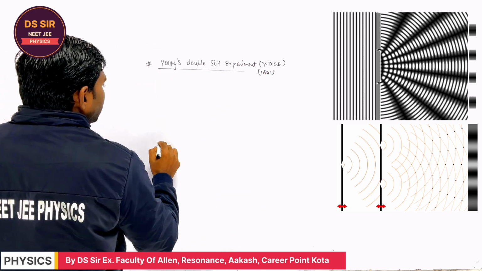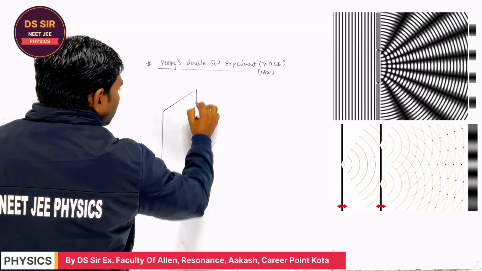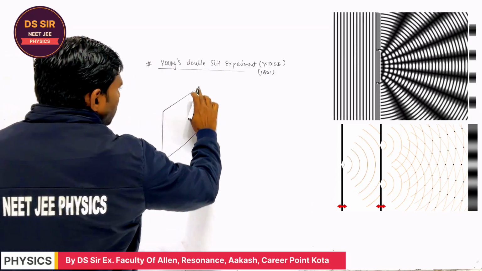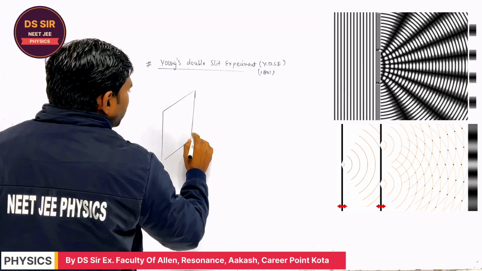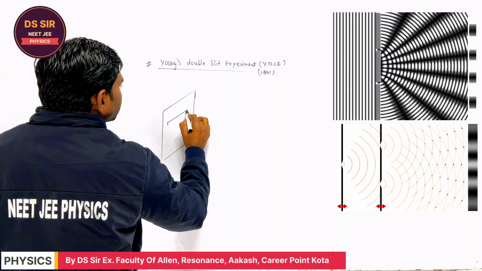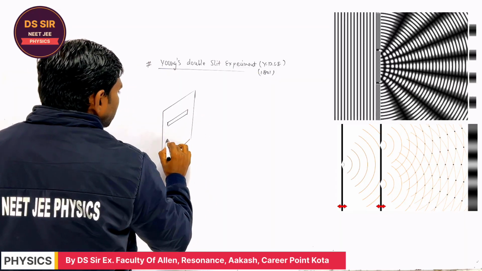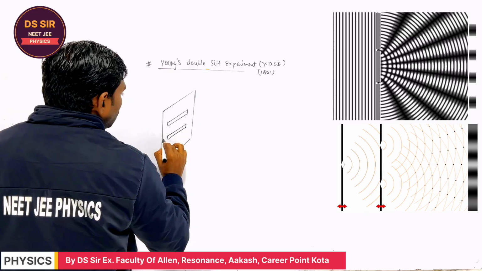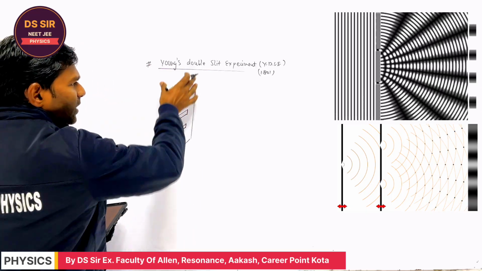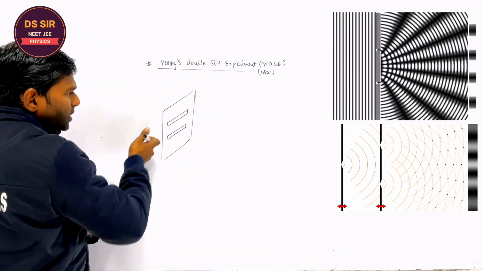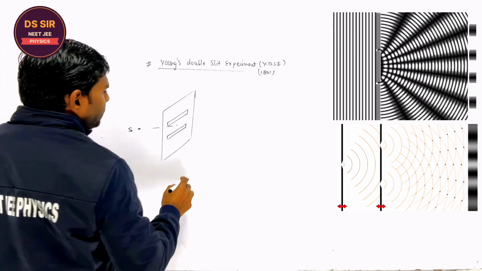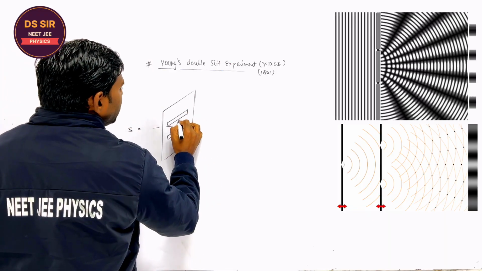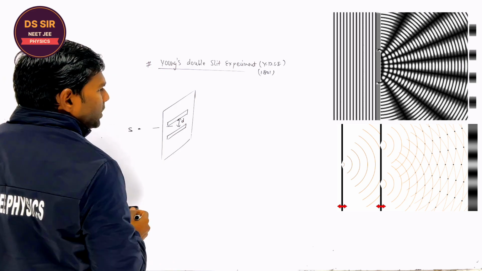In the Young double slit experiment, the scientist took two slits. Suppose this is the cardboard, and he made the two slits. These are the two slits. A source of light is placed in between them, and the separation between these two slits is assumed to be small d.